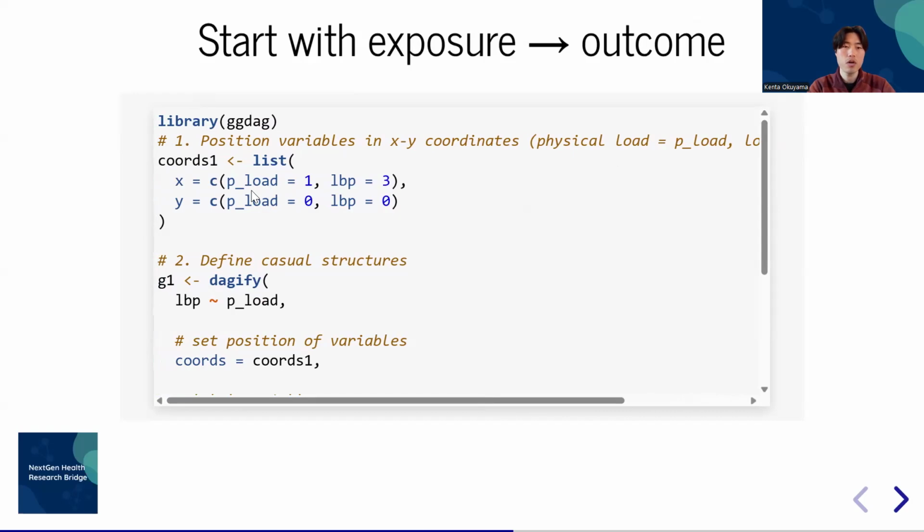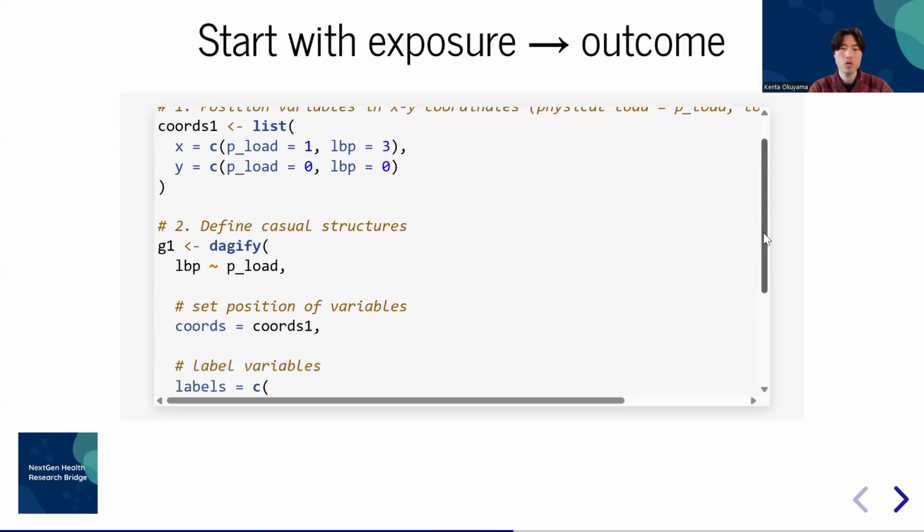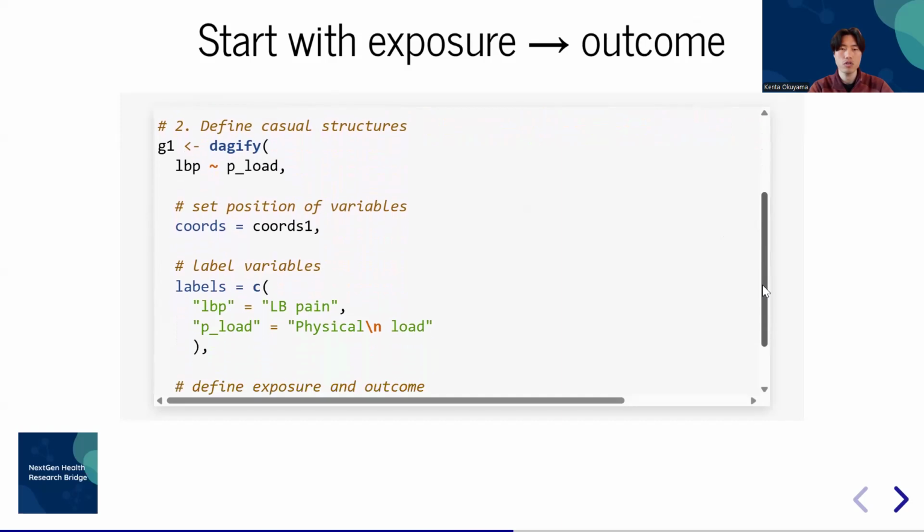For example, P load at 1 on the x-axis and LBP at 3 on the x-axis. And since we want them to be placed on the same horizontal level, we will place them at the same y-axis.